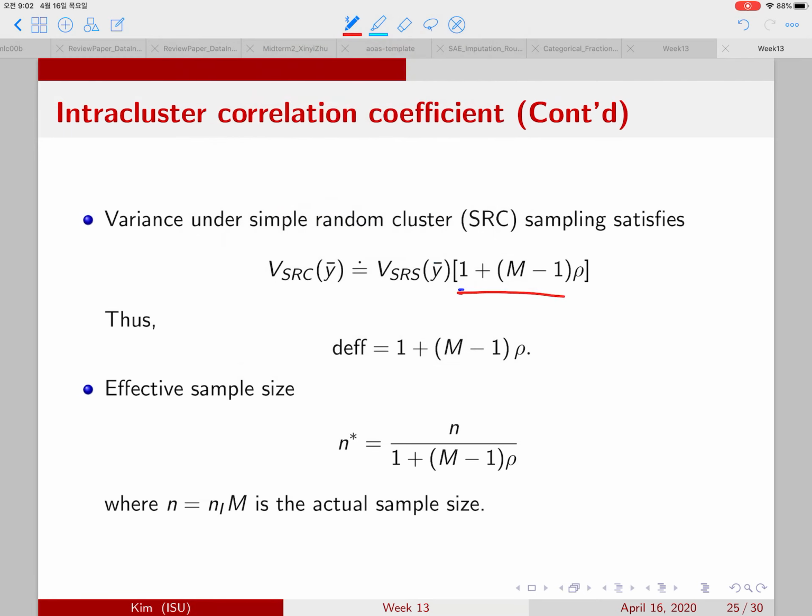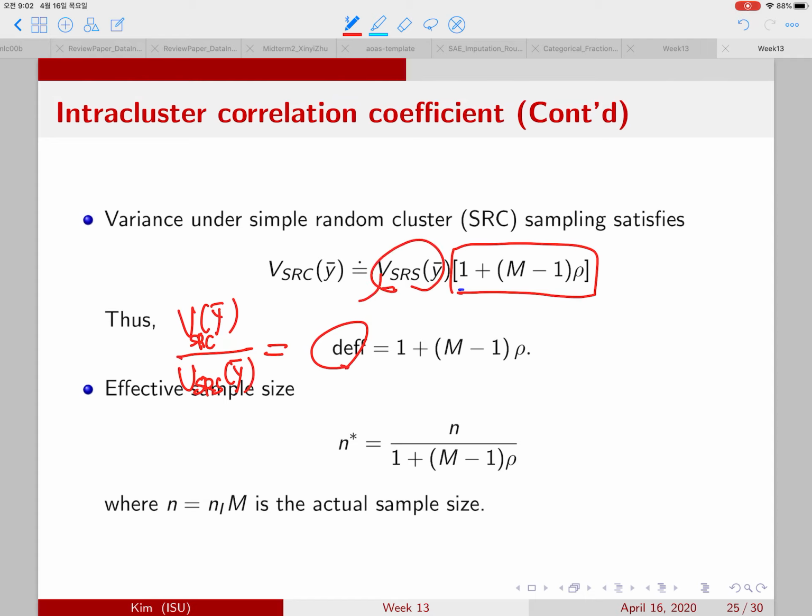So that means your design effect is the variance of your current sampling design, which is the simple random cluster sampling, divided by the variance of simple random sampling of the same size. You just divide it, and you end up with this term, which is called the design effect.